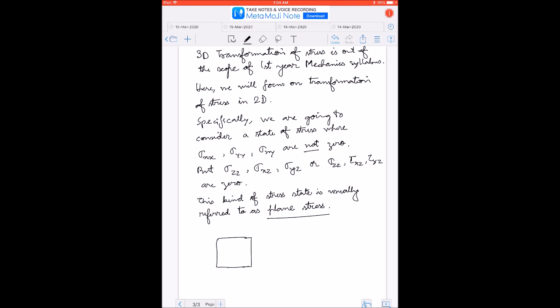It could have a general two-dimensional shape, but for convenience, what we are doing is considering a very small area around a point in a general two-dimensional body, and we can have our axes like this, x and y, and we know that this will be our sigma xx, this will be our sigma xy or tau xy, this will be our sigma yy, this is tau xy, this also will be sigma yy, this is sigma xx, this is tau xy, and this is tau xy also.